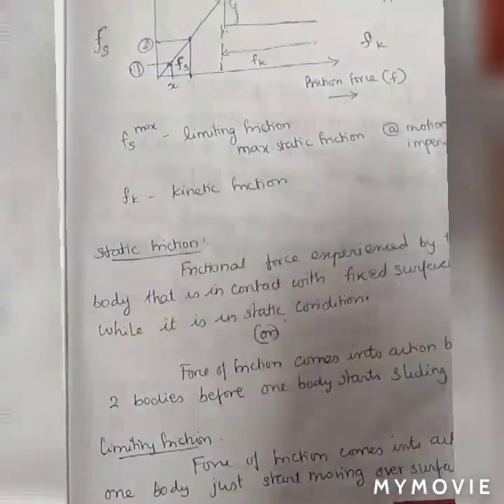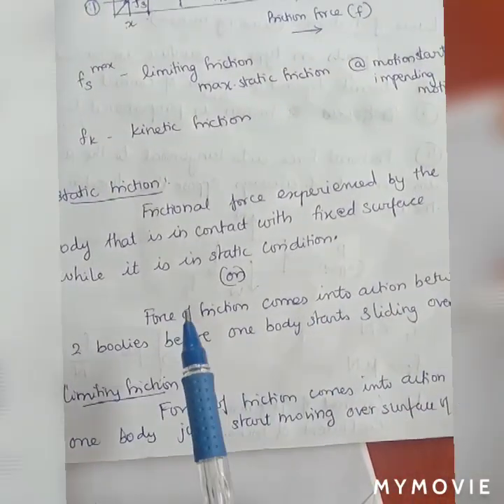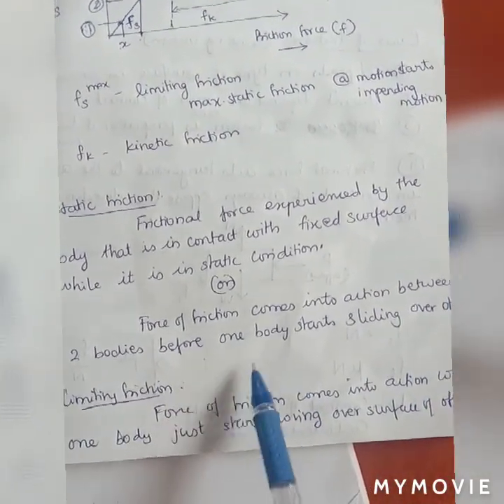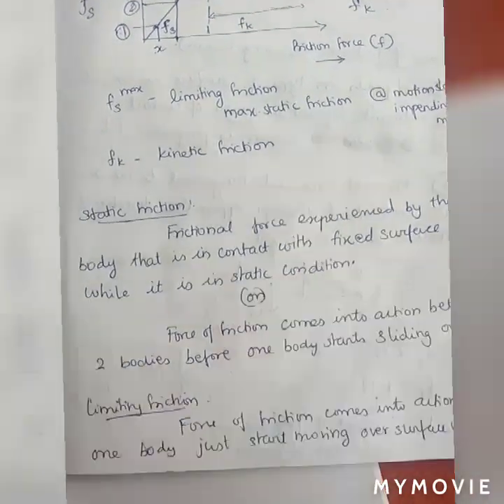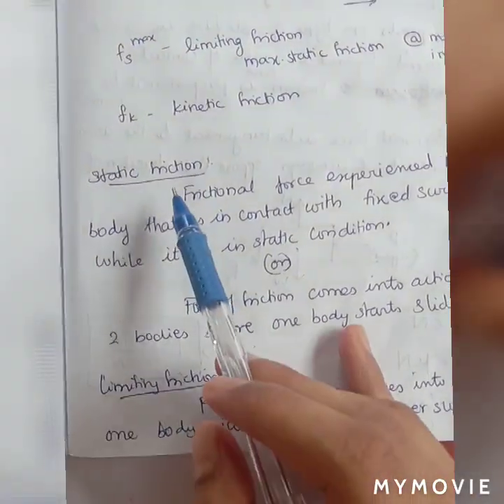The friction developed in the static condition is called static friction, or simply the force of friction. It comes into action between two bodies before one body starts sliding or rolling over the other. That is called your static friction.